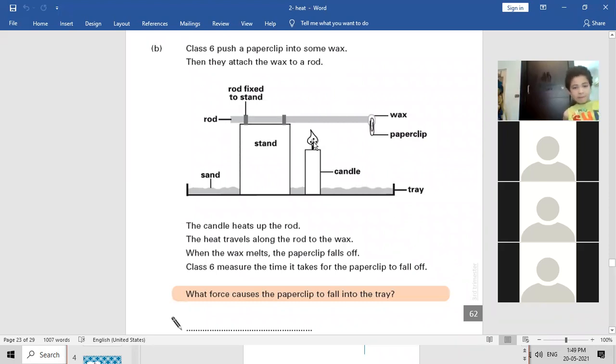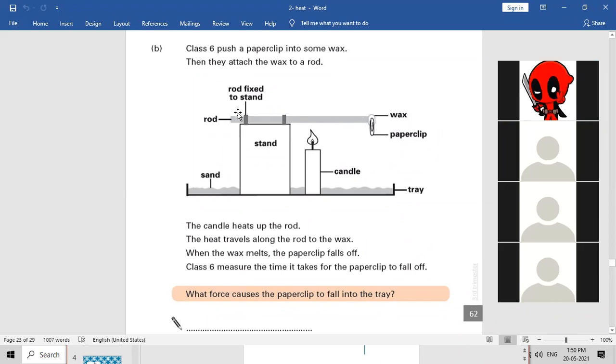Can you see the screen? Now you can see the screen, right? What will happen to this rod when you put a candle under it? It will melt.